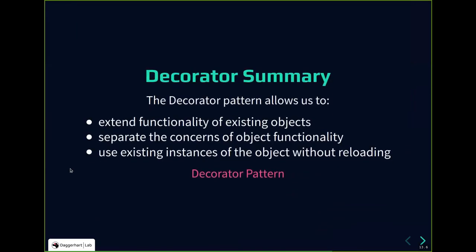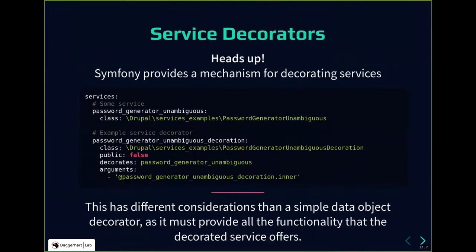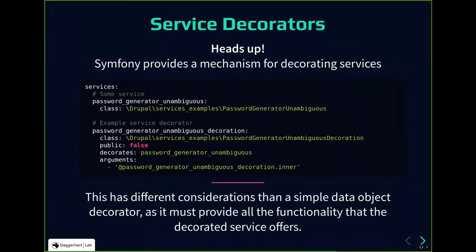So there's a question. If there's an update to the main service in core, the decorator code is fried. Well, yeah. If we made a decorator service that extended a core service, and then that core service changed its method signatures or something like that, it would be a problem.